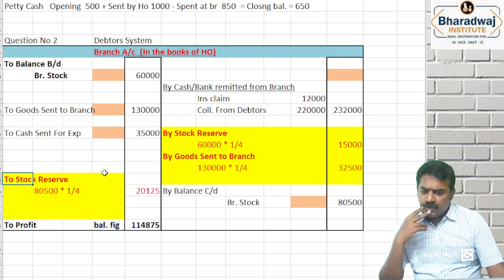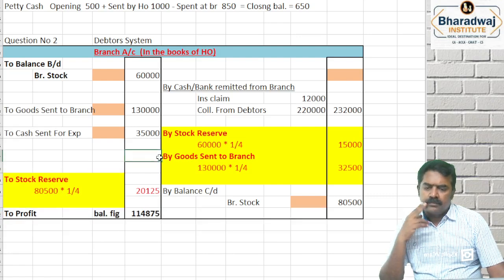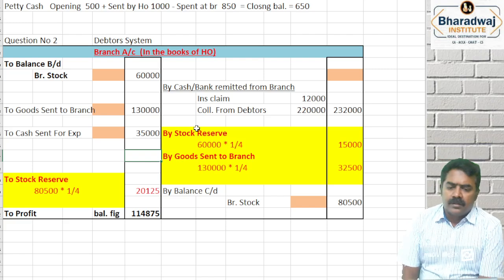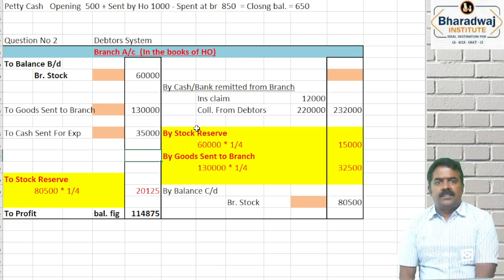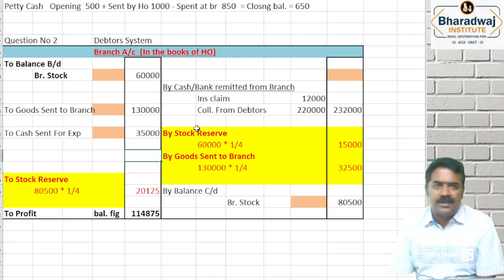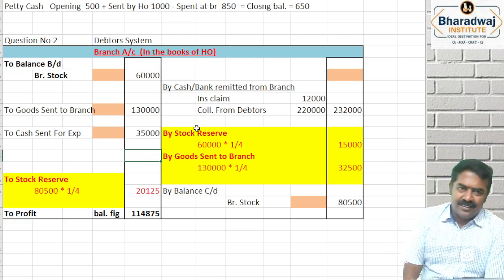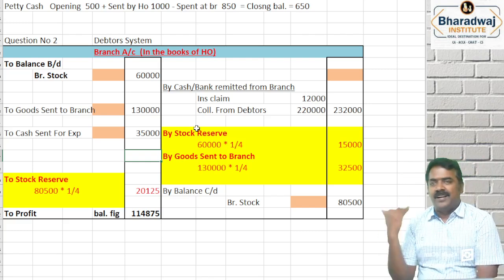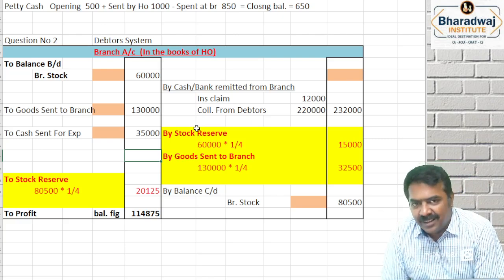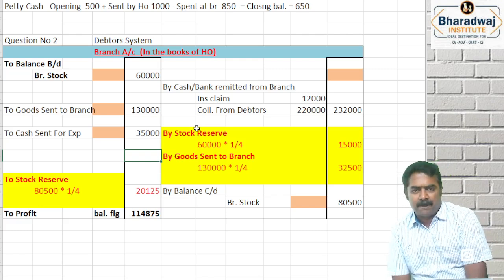So what is the weakness of the debtors method? We are not recording all the transactions. In the question we have normal loss, abnormal loss, transit loss, pilfered. Suppose there is a bad debt or discount allowed, all those things are not recorded in the debtors method, that is, branch accounts.